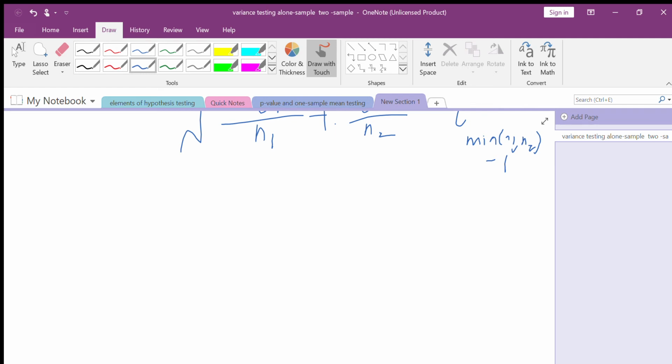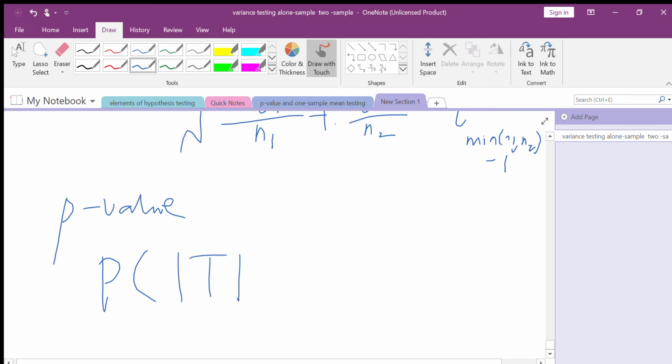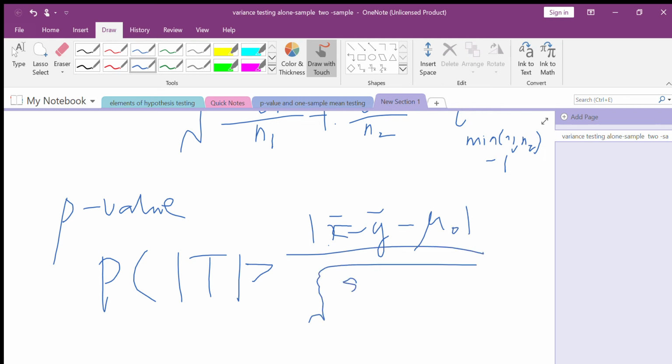Let's see how to compute the p-value. The p-value is the probability that the absolute value of capital T is greater than the absolute value of small x bar minus small y bar minus mu0, divided by the square root of small s1 squared divided by n1 plus small s2 squared divided by n2. So this is the p-value.